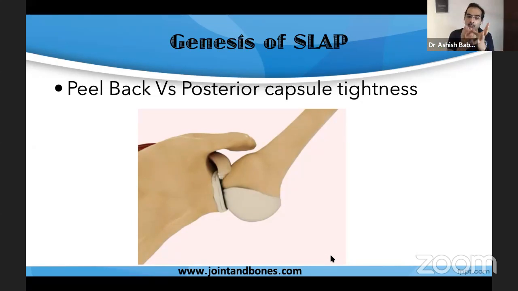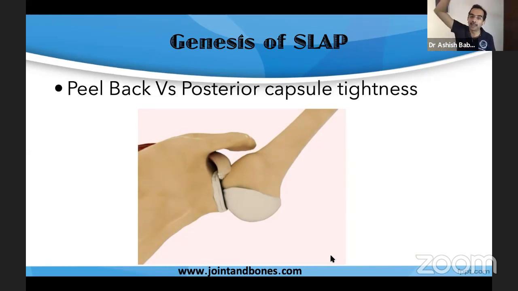And if you understand the whole process and genesis of this, then the therapist understands what to treat, rather than treating it as an MRI finding, this is internal impingement or this is a SLAP tear. So look at a throwing athlete who's involved in repetitive throwing, and often he exceeds himself and starts throwing 1,000 balls every day.